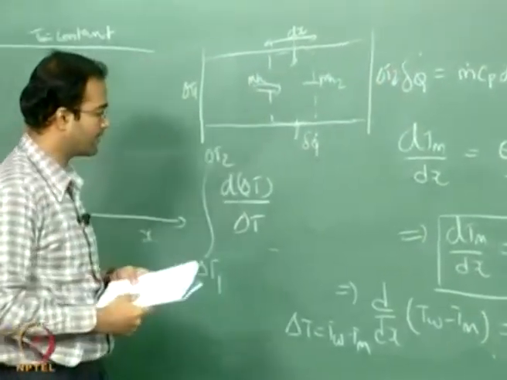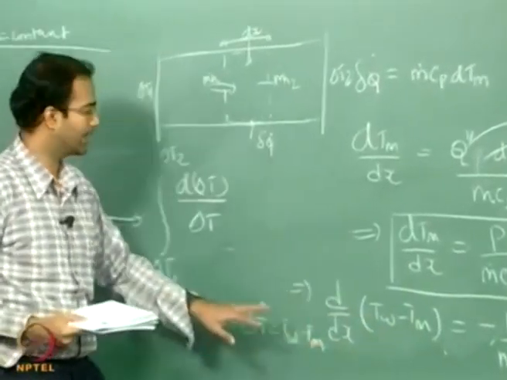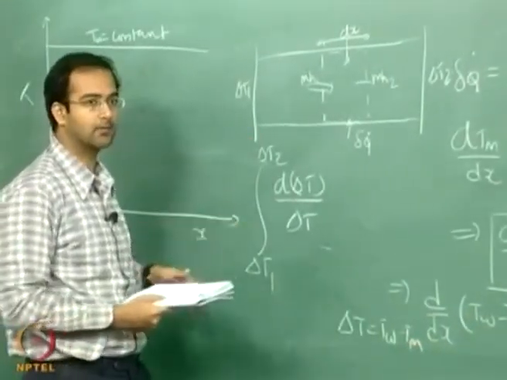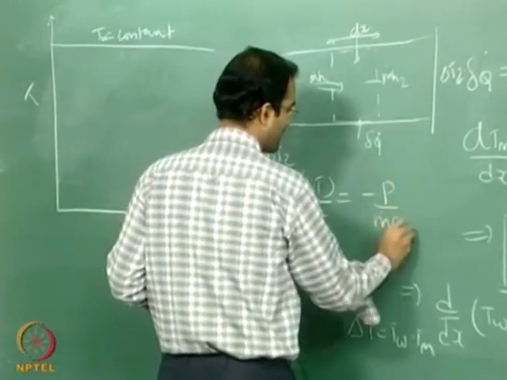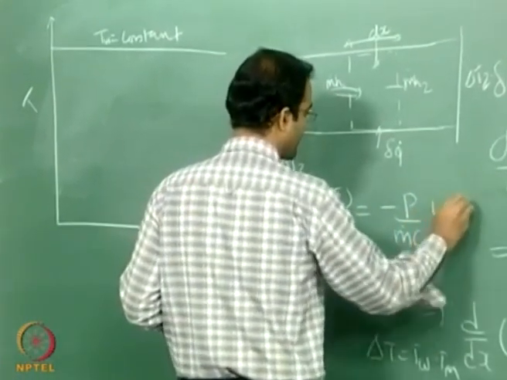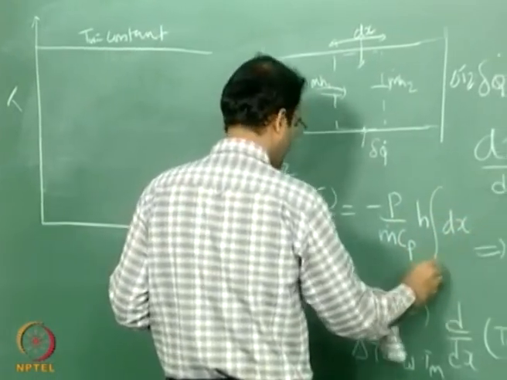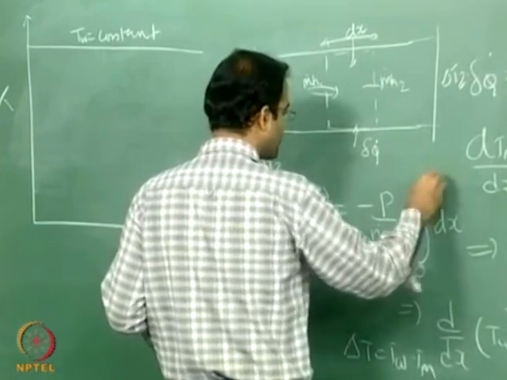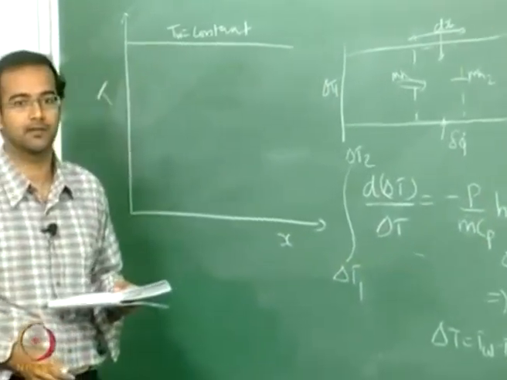Okay, so once I have an equation for this temperature difference, T wall minus T mean, I can just simply integrate it from the inlet to the outlet, so that this should be equal to minus P by m dot Cp into H dx. So this I integrate from 0 to your entire length, or whichever location you want to find the appropriate temperature difference.